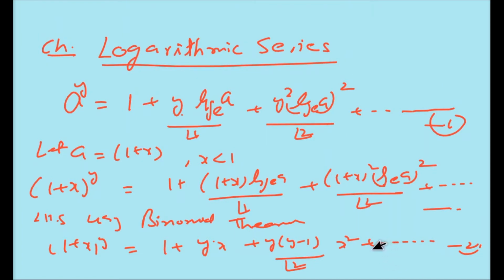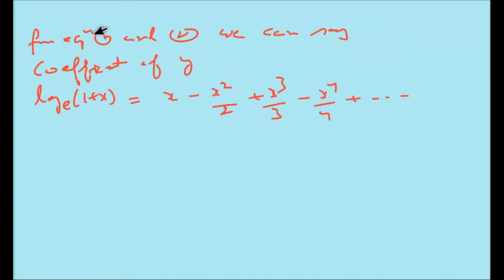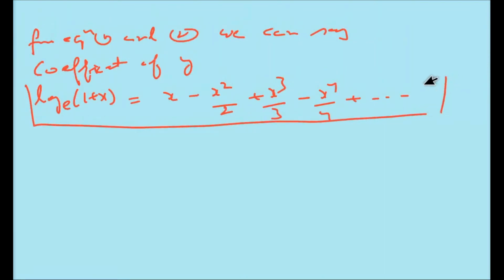So we get log_e(1 plus x) equals x minus x square upon 2 plus x cube upon 3 minus x to the power 4 upon 4 plus and so on. This is the series of log_e(1 plus x). You have to learn this; it is known as the logarithmic series.